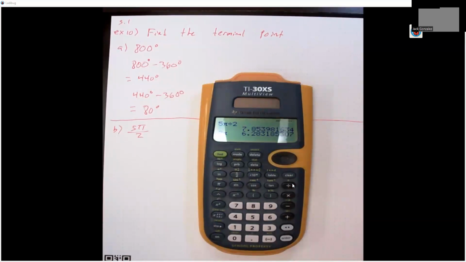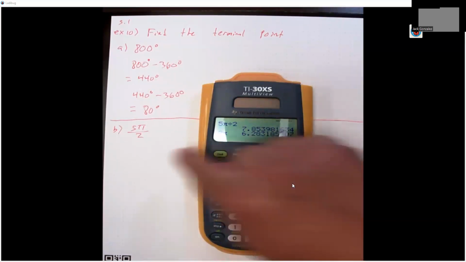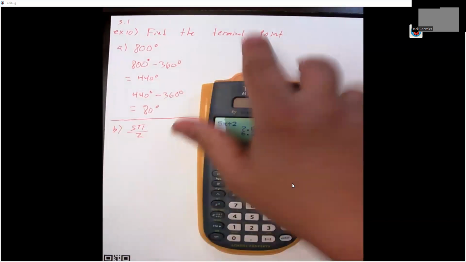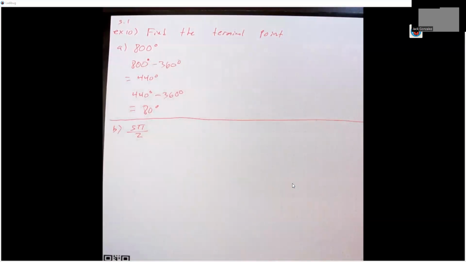Five pi over 2 is 7.8, whatever. 2 pi is 6.28. So obviously this is bigger than a full circle, right? So subtract a full circle and see what we get.